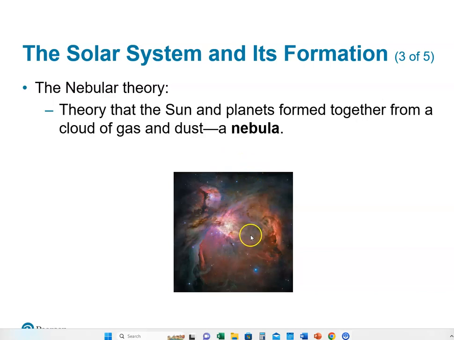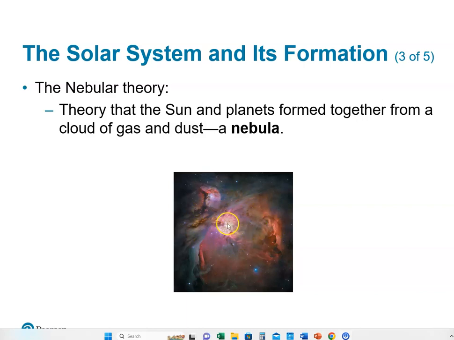Some of these objects turned out to be stellar nurseries where stars are being born. And that's indeed what happened with our sun. Our sun was born in one such stellar nursery, more than 4.5 billion years ago. One mistake people often make about these stellar nurseries is thinking a single star is born by itself.